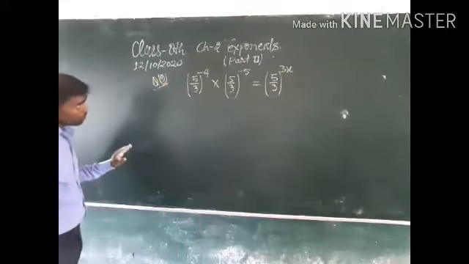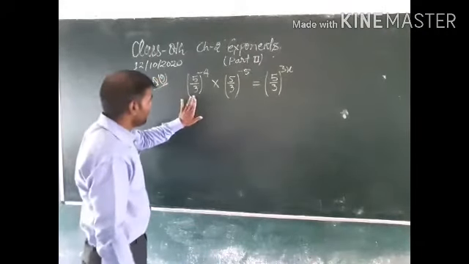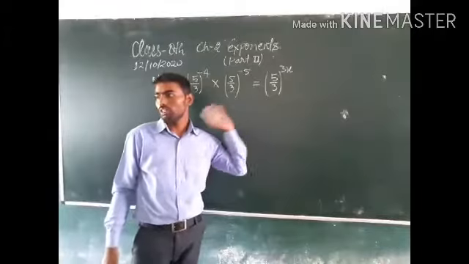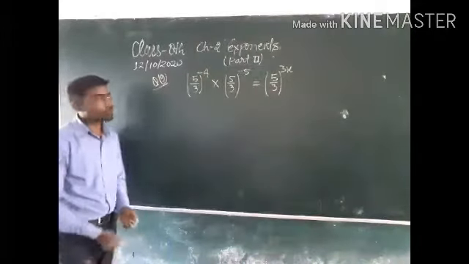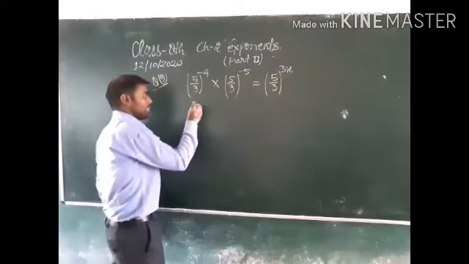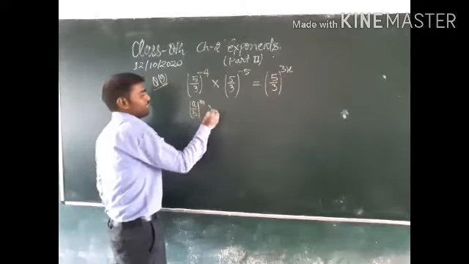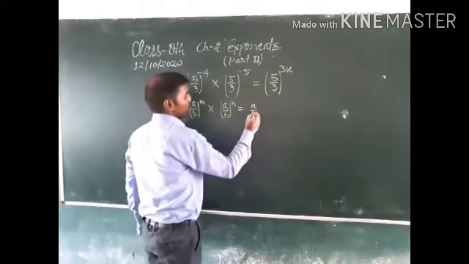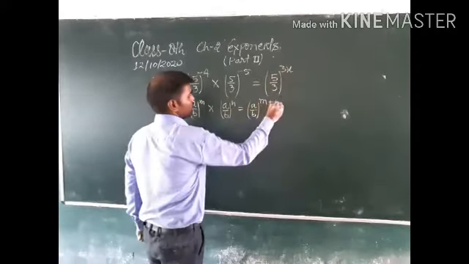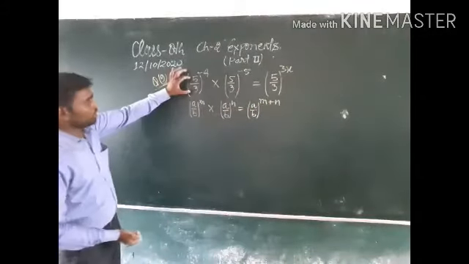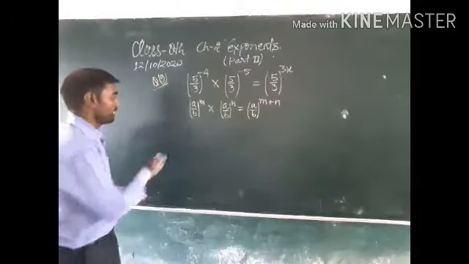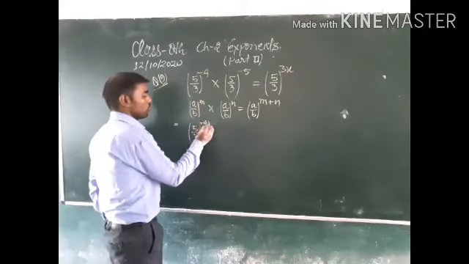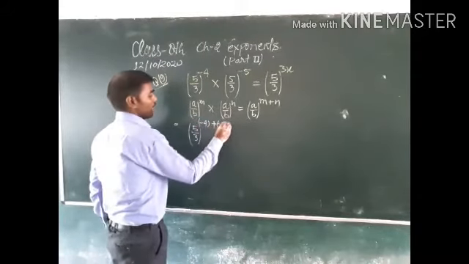All of you can easily see that the base is always the same. This base and this base are equal to each other. So first of all, this can be written using (a/b) to the power m into (a/b) to the power n, which is (a/b) to the power m plus n. This is (a/b) and this is also (a/b). So it can be written in the form (5/3) to the power minus 4 plus minus 5.